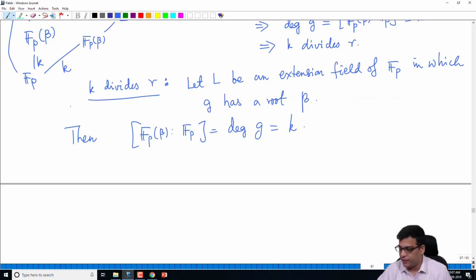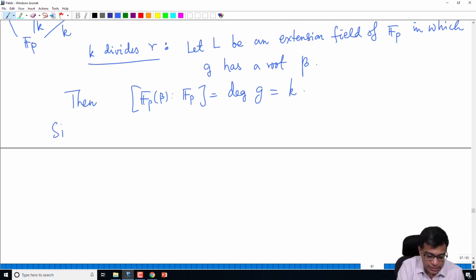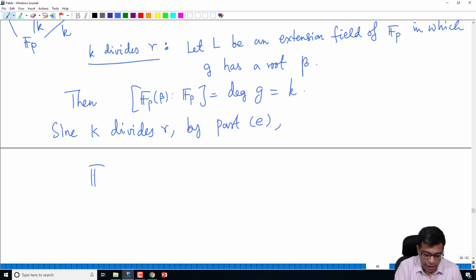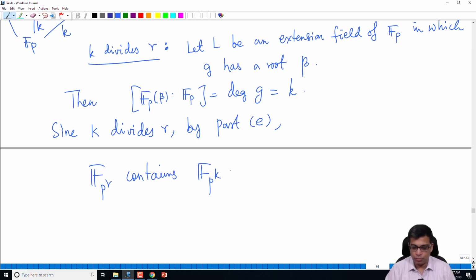Now by the previous part, since we are assuming k divides r, by part E, F_p^r contains a field which is isomorphic to F_p^k.